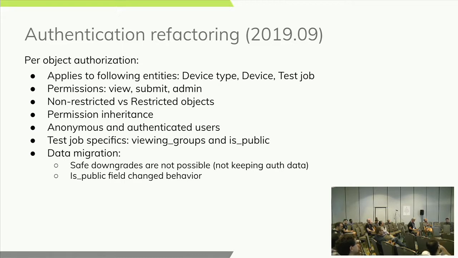All this allows administrators to have an easier life as opposed to before. They can fine-tune permissions first on the device type level, and if they don't need any lower level permission settings, they can just skip it, and then do the same for the device and the specific test jobs.